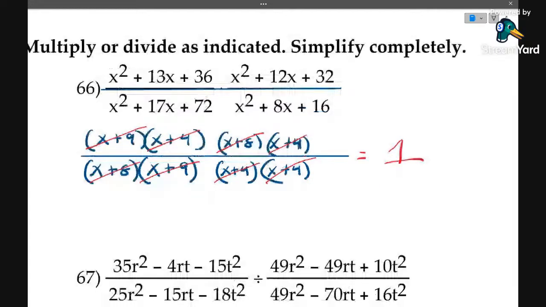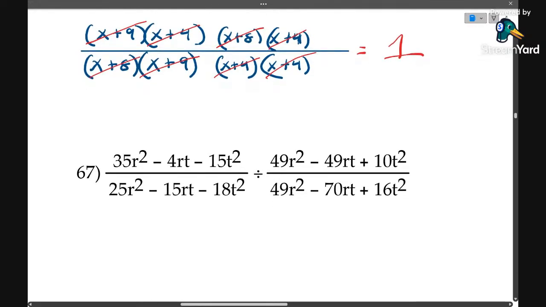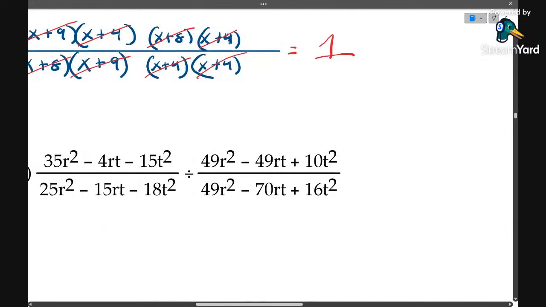With division, it's the same process, but we just have to remember to flip the second fraction first. I prefer to do it before I factor. You can do it after you factor, but before you simplify, you have to flip the fraction first. So our first one is going to stay the same. Actually, I'm just going to write it next to it.